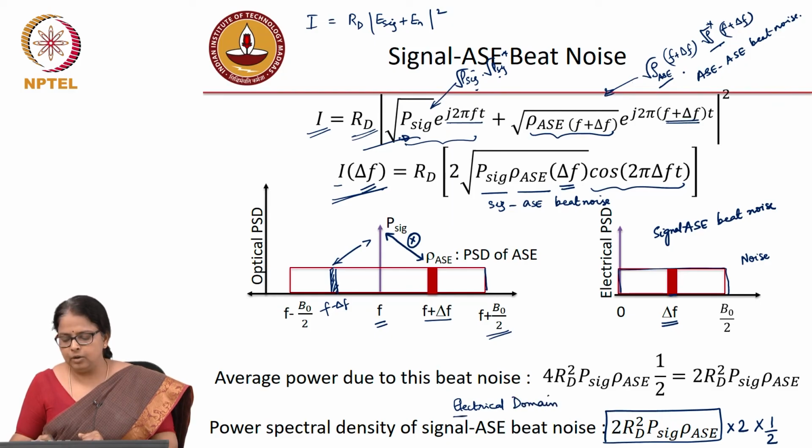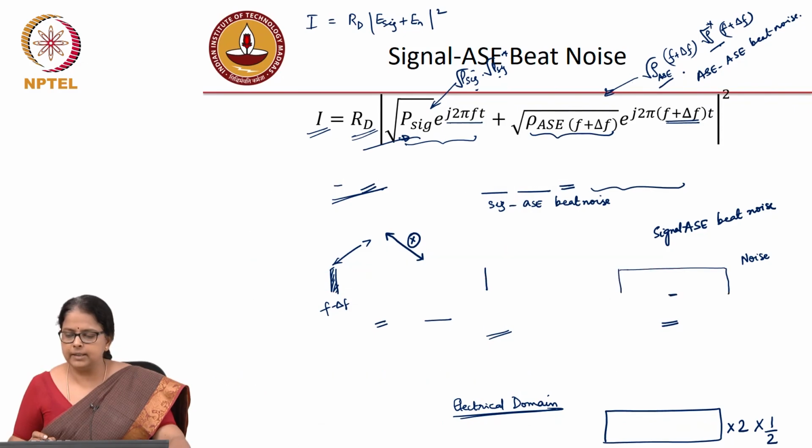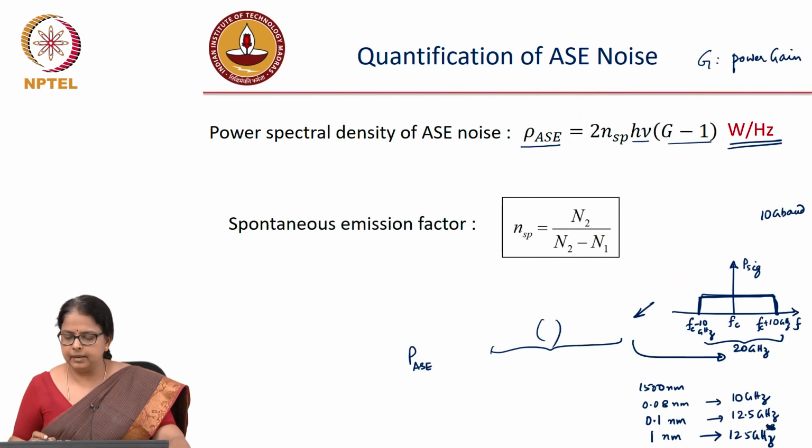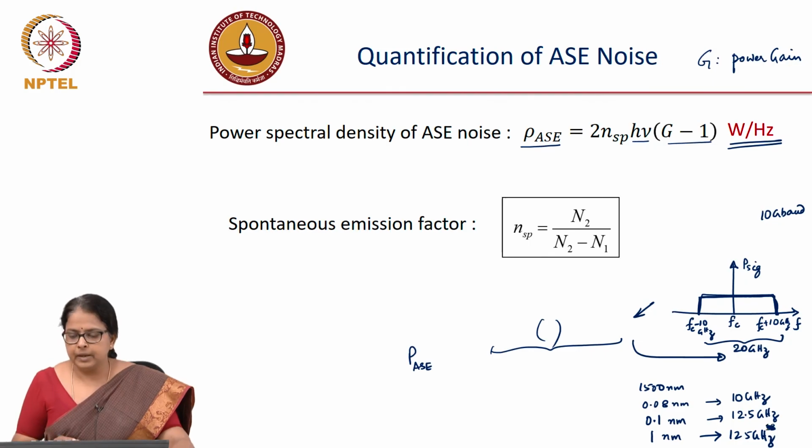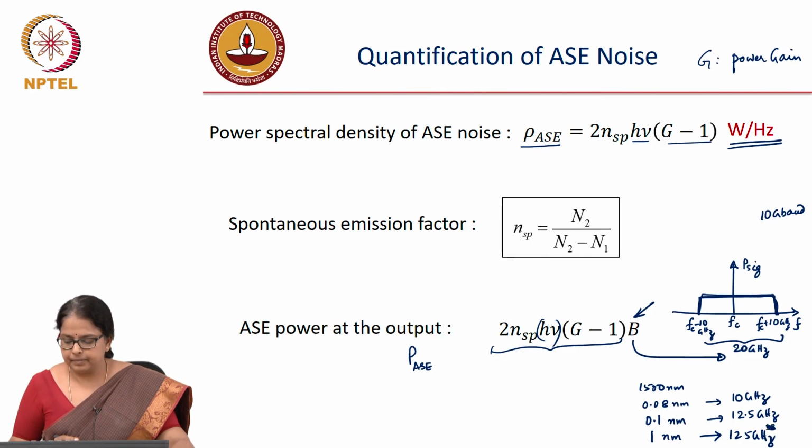In the optical domain, the noise is simply here, 2 slides before. We wrote this expression: PASE is equal to 2 NSP h nu (g minus 1) times the optical bandwidth.